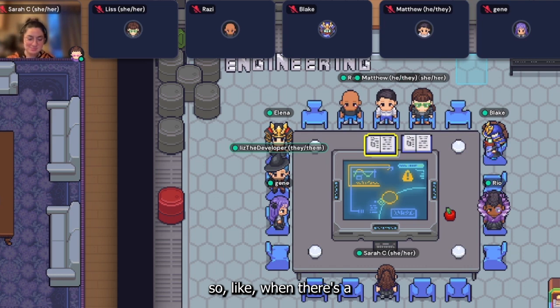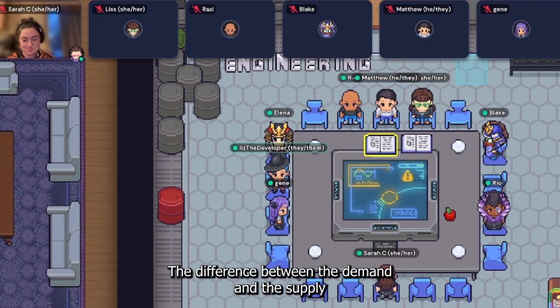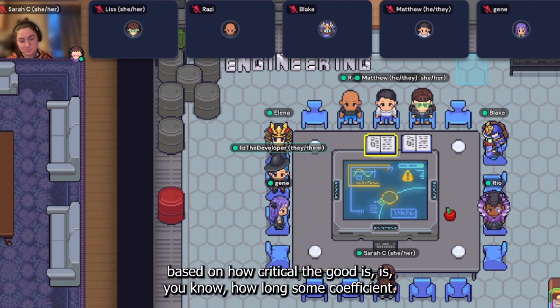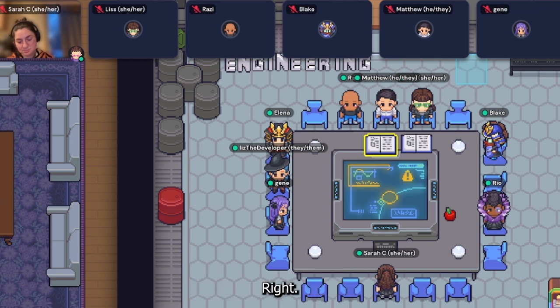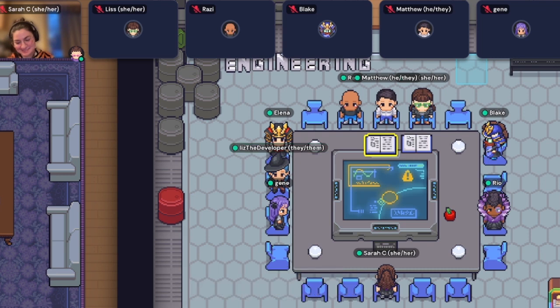When there's a crazy demand curve that just goes insane and the supply can't keep up, the difference between the demand and the supply is the amount of capturable energy, based on how critical the good is, along some coefficient. So price gouging on Neopets food was an early introduction to economics that I got personally. Yeah, it's interesting.